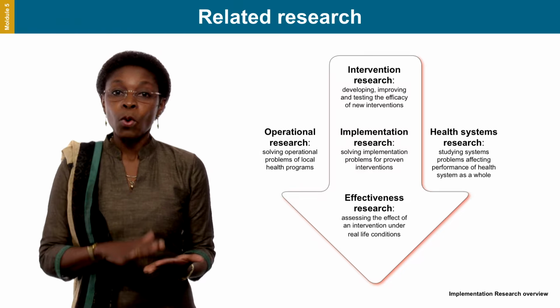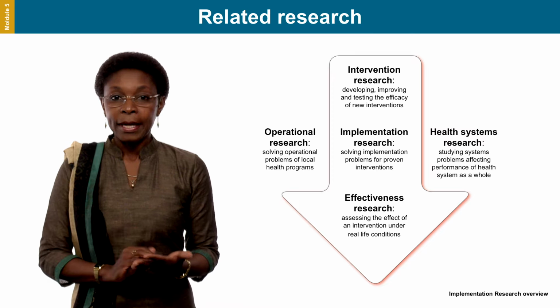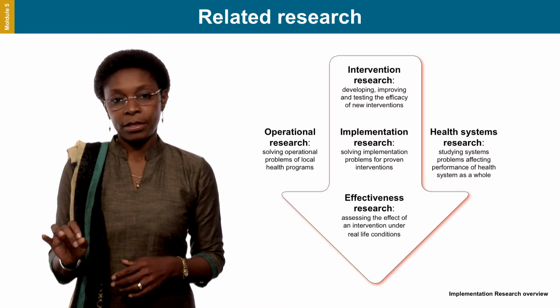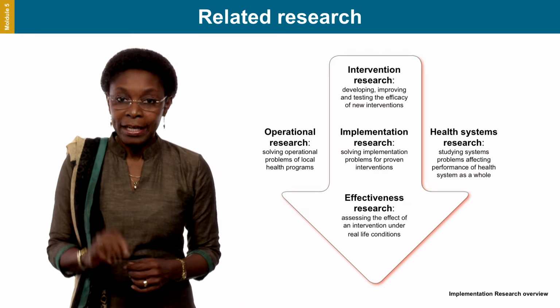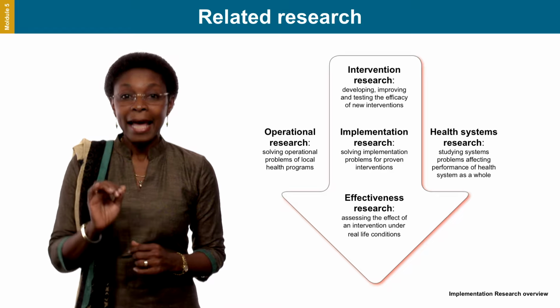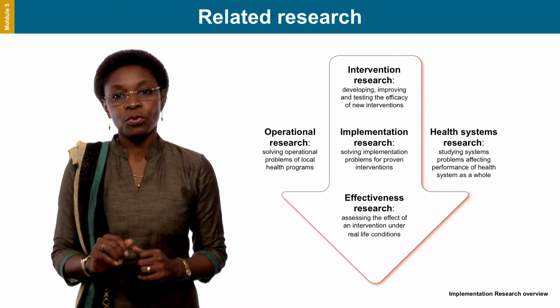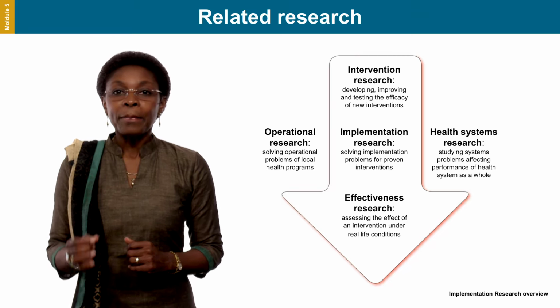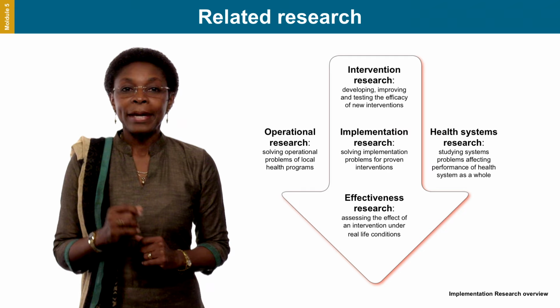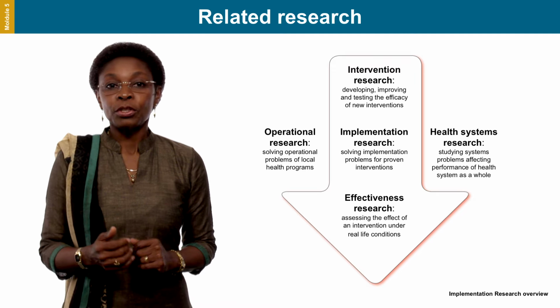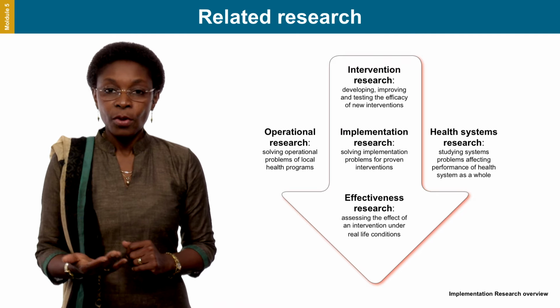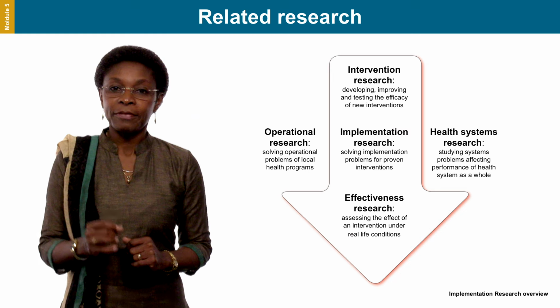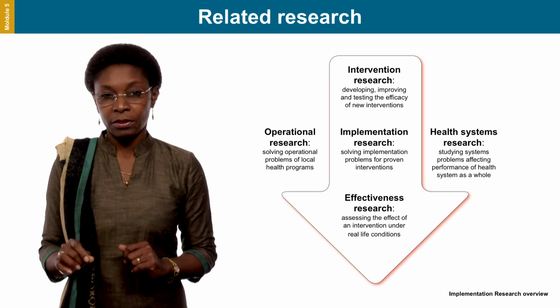These tell us what would probably work, but not how to make it work. Implementation research tells us how we can make that intervention work within the community or within the population. Part of making it work may therefore involve an element of health systems research, which explores the factors that affect the performance of a health system.